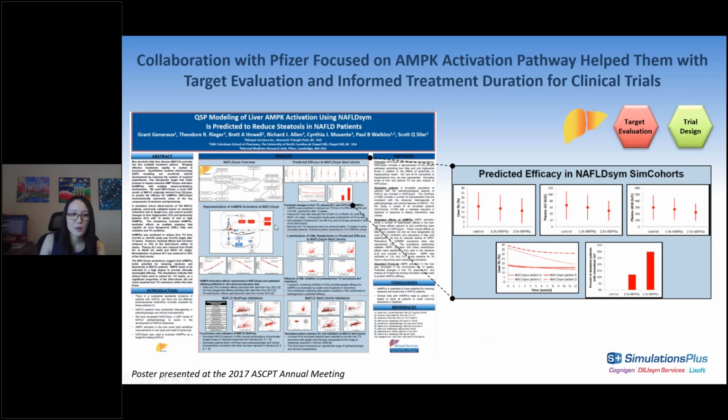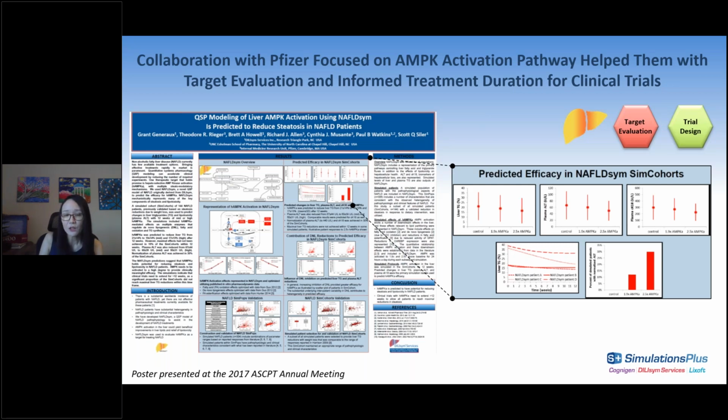We represented the AMPK activation pathway and its effects within DILIsym, and ran simulations using SimPops with varying levels of AMPK activation. This is more of a sensitivity analysis type of approach for target evaluation, without any specific drug-related data.